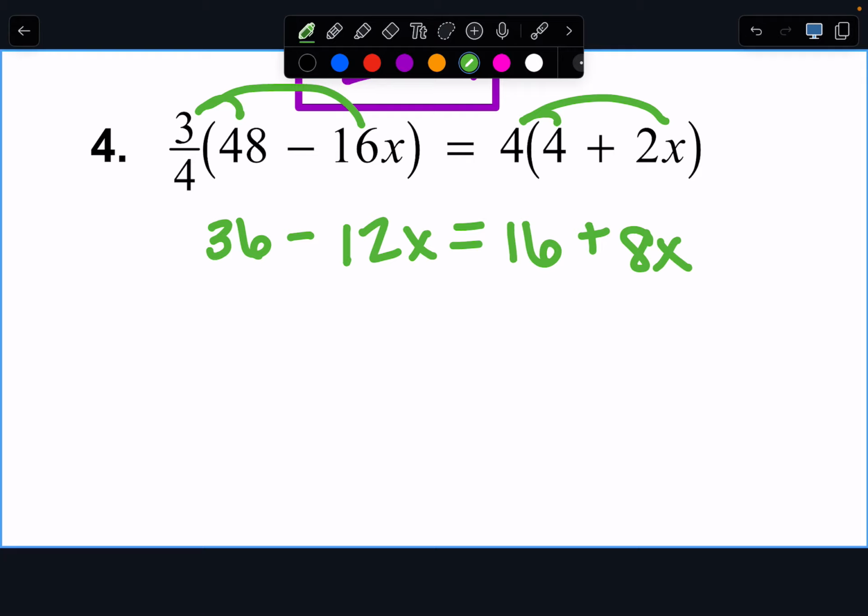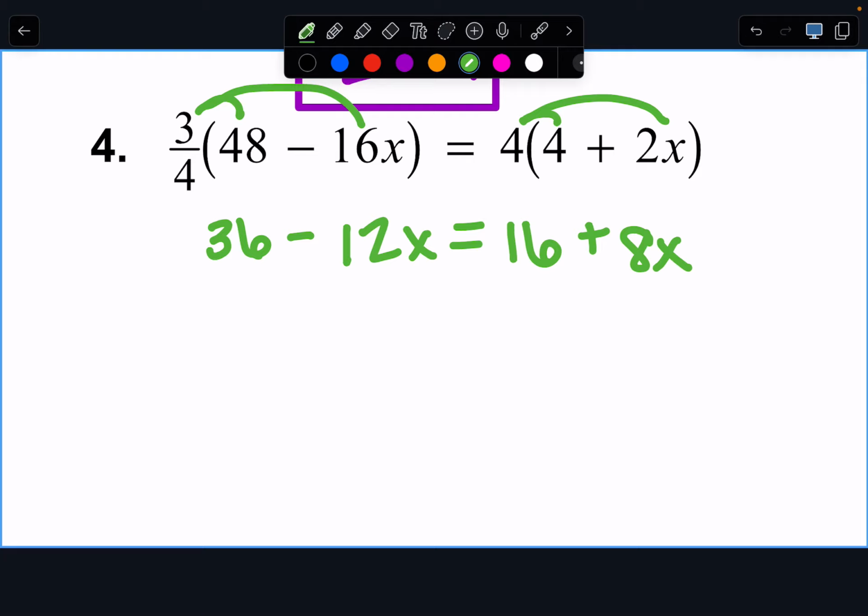I'm going to give you like 30 seconds to get a head start. Move x's to one side. So that's an equal sign. So you have to move one side or the other.